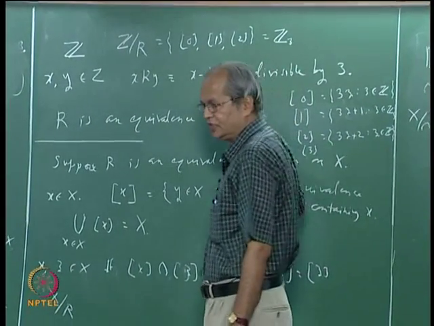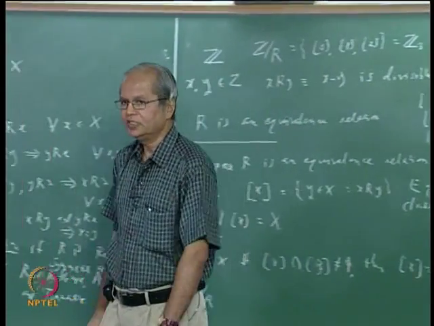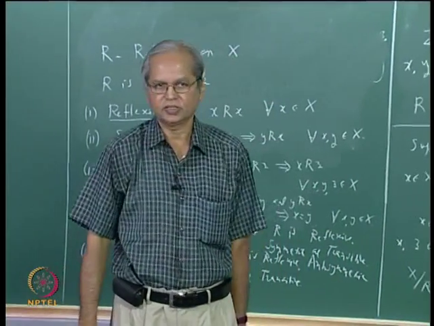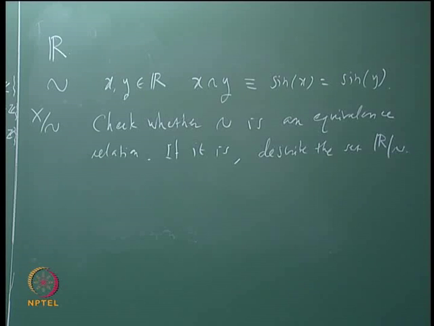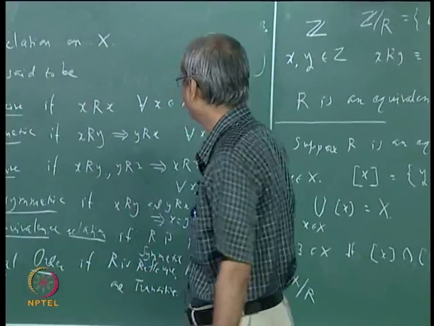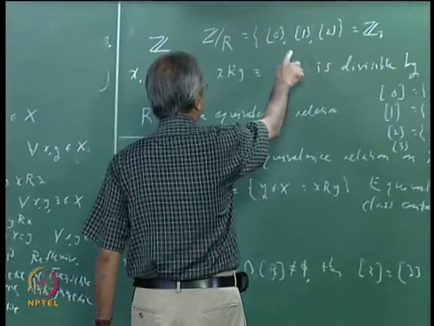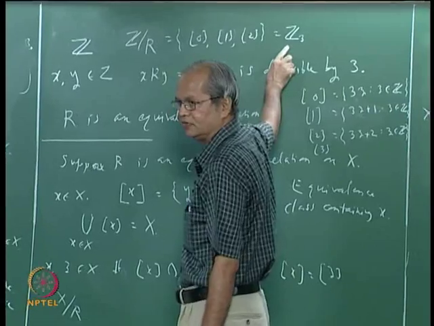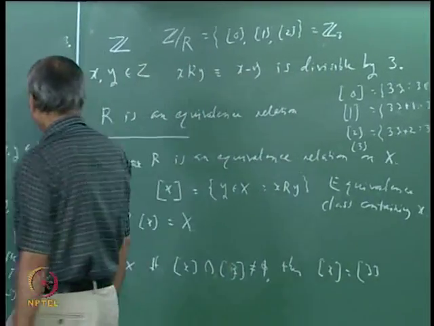If that is an equivalence relation, you give a similar description of all equivalence classes under that relation. How many are there, and whether we can identify it with some well known set, etc. See, why we talk about this quotient set: in many cases this quotient set can be identified with some well known set, for example as I have said here, this can be identified with a well known object Z suffix 3.